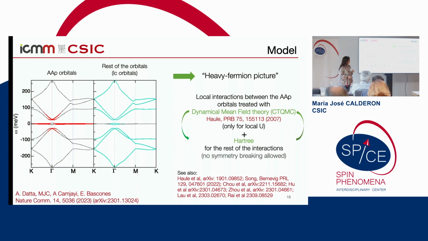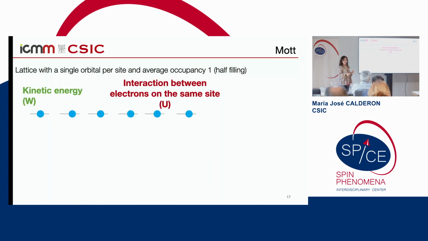Okay? And the most important thing is that even though this system would tend to have symmetry breaking states, we don't allow the system to have symmetry breaking states because we want to see what you would expect only in the normal state. So we force it, okay?